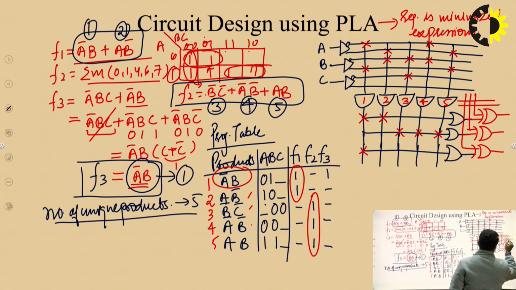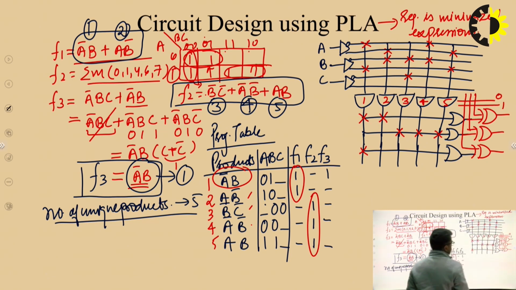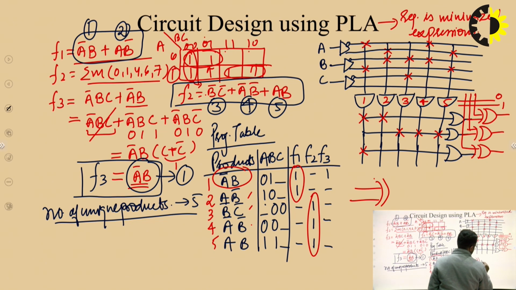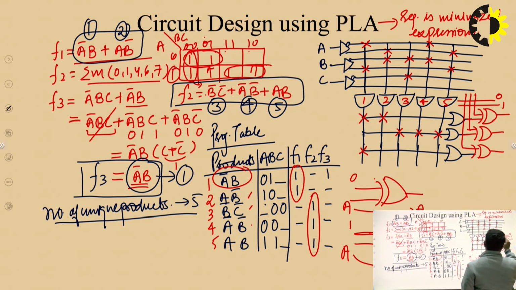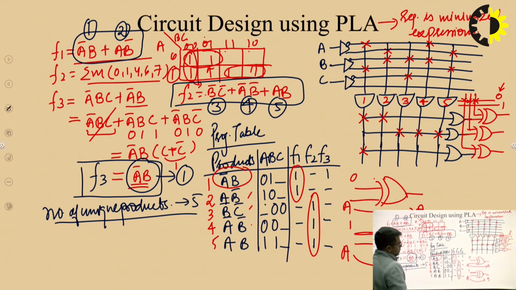If in an XOR gate one input is 0, the other input reaches directly, and if one input is fixed to 1, then the other input is complemented. In this case I am not requiring any complement operation because F1, F2 and F3 are all directly available to me, so all three are connected with this 0. So this is how we can design circuits using PLA.